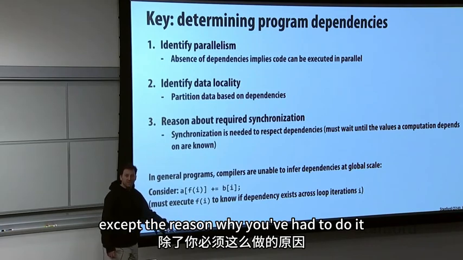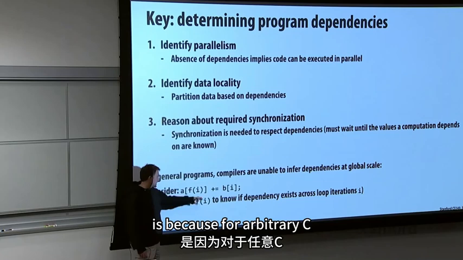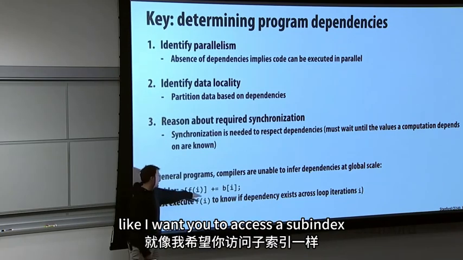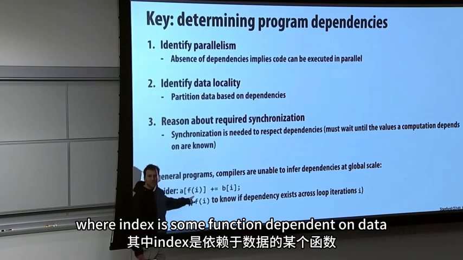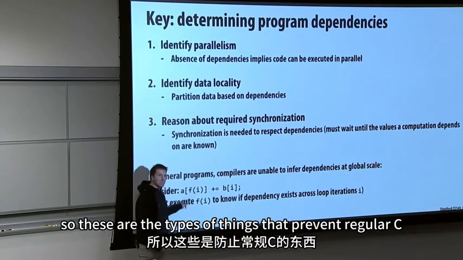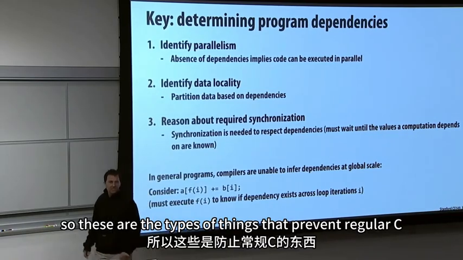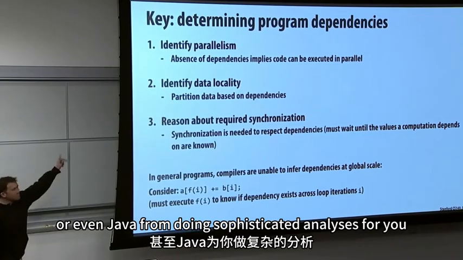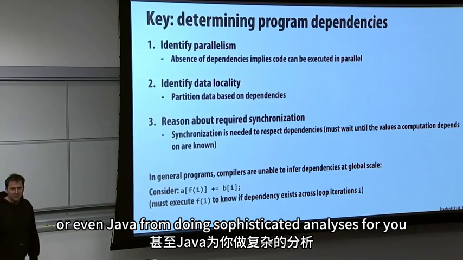Except the reason why you've had to do it is because for arbitrary C, I can write code that looks like this. Like, I want you to access a sub index, where index is some function dependent on data that's not known at compile time. So these are the types of things that prevent regular C++ or even Java from doing sophisticated analyses for you.